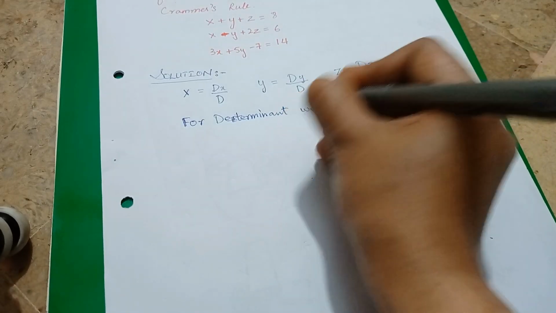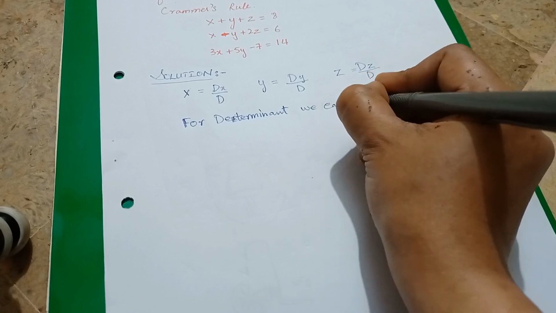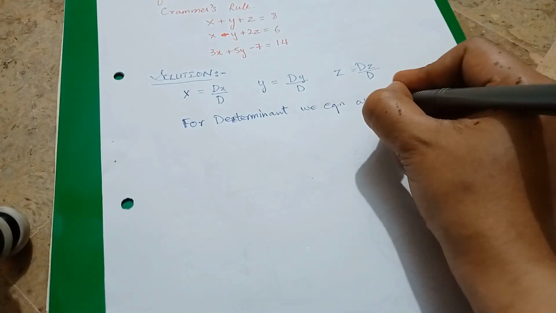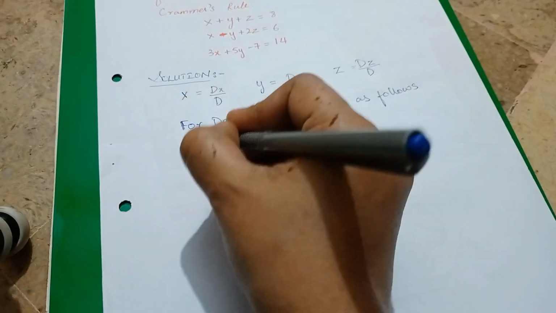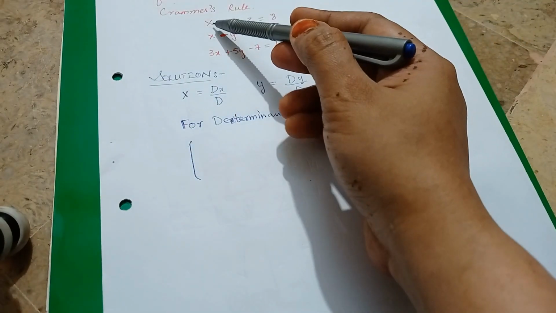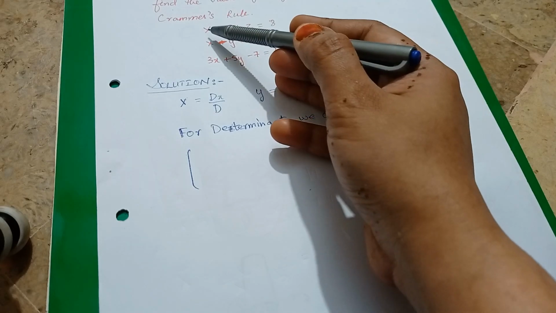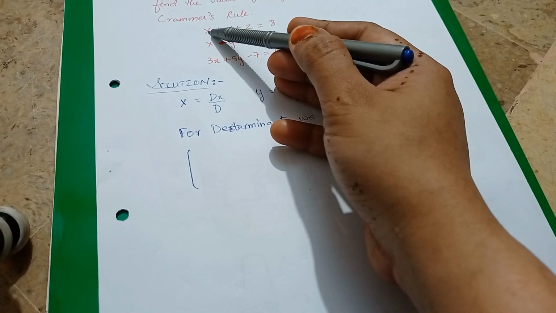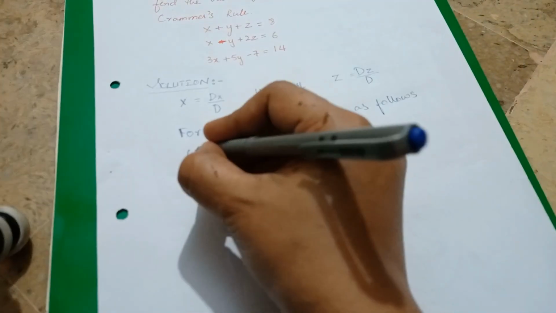We write the equation as follows in matrix form. Here we write the coefficient of these variables. Like x, the coefficient is 1.